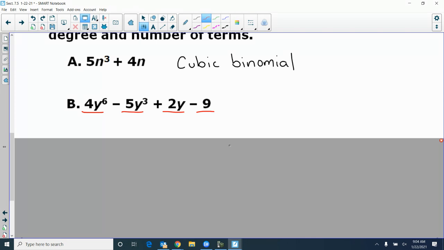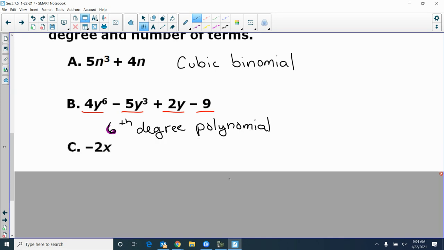So it would be 6. Is there a special name for 6th degree? No, so you just say 6th degree, and it has 4 terms. So 6th degree polynomial.